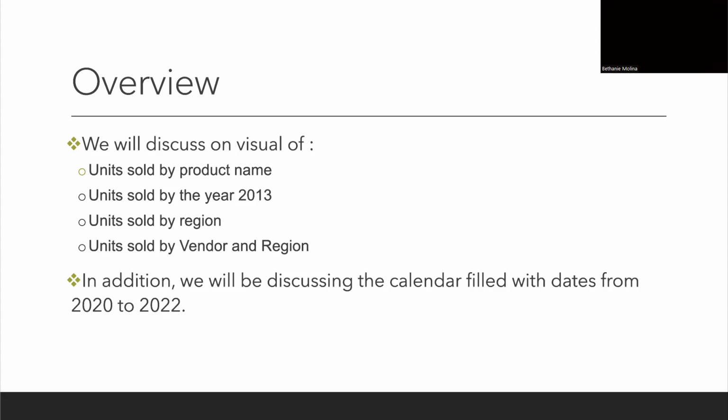We will be discussing the visualizations of the units sold by product name, sold by the year of 2013, sold by region, and sold by vendor and region. In addition to this, we will also be discussing the calendar that was created in the Power BI along with the charts. The dates run from 2020 to 2022.